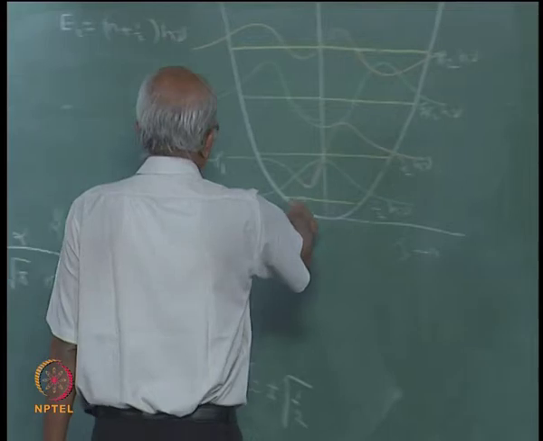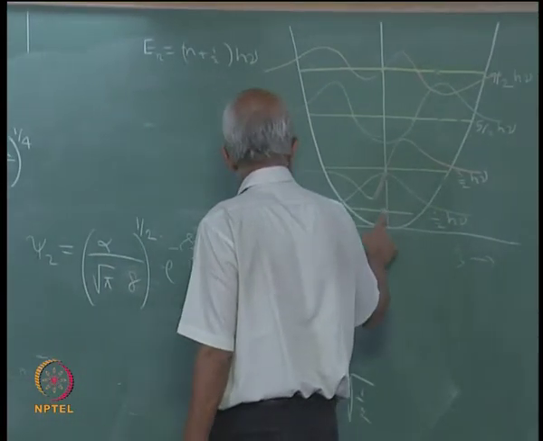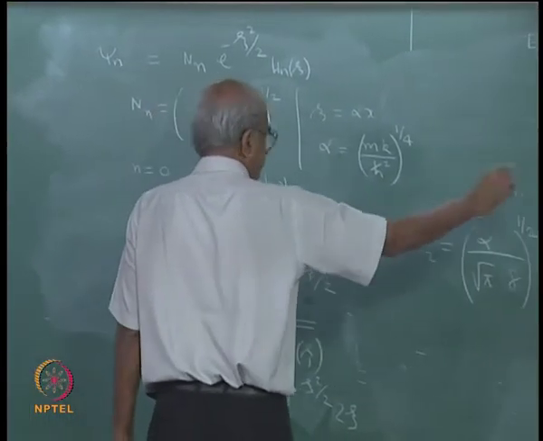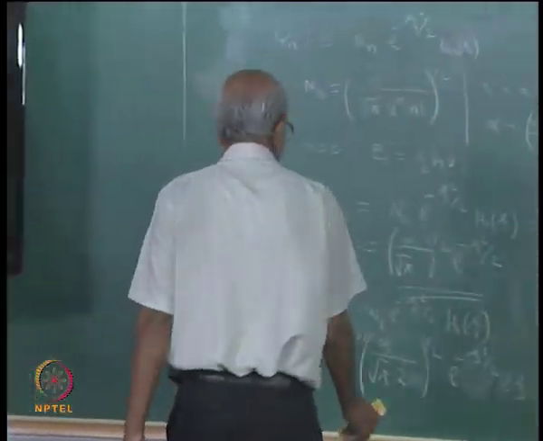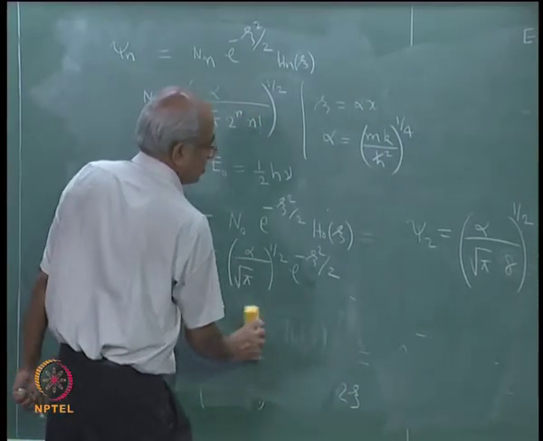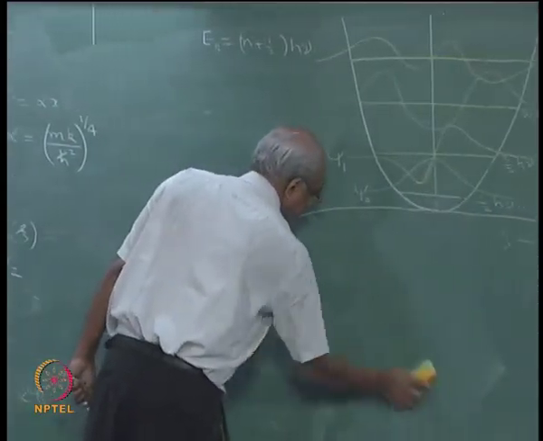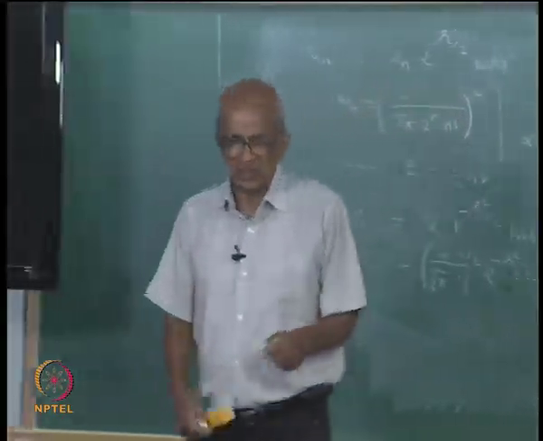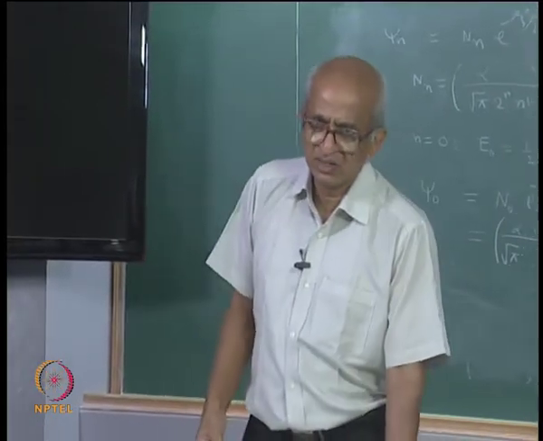Let us again go back to the ground state, this one. Okay. What is the wave function? Well, I will think only of the ground state now. This is the wave function, and as I have told you, it is a symmetric function in x. So, suppose I imagine that I make a series of measurements of the position of the particle and take its average.